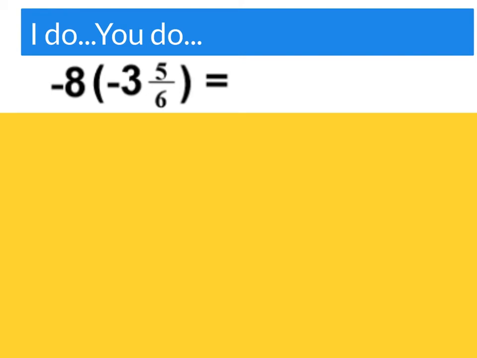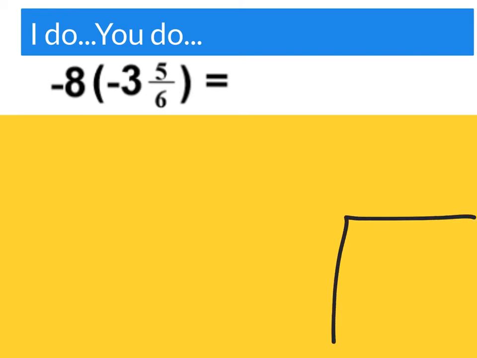Next problem is a multiplication problem. It has negatives in it, so I'm going to go ahead and get my negative answer right away. My negative answer is a negative times a negative. That's an even number of negatives, so my answer is going to be positive. I'm going to write them as improper fractions. Remember, you can write a whole number as an improper fraction by putting it over 1. On mixed numbers, you need to multiply the denominator times the whole number and then add the numerator.